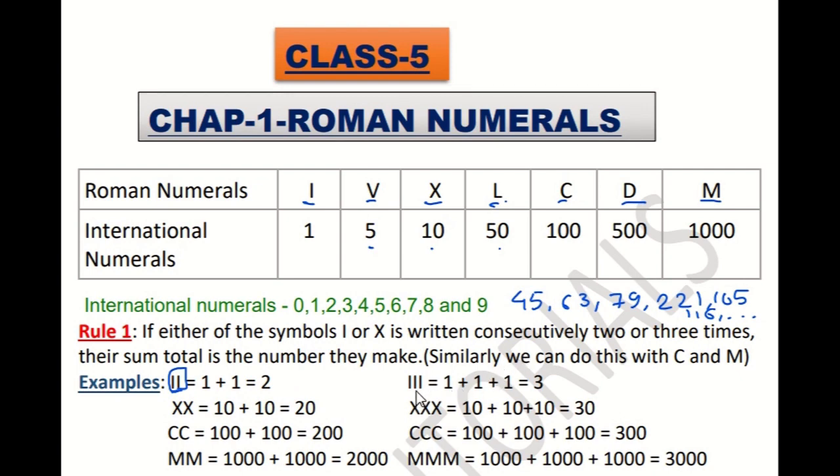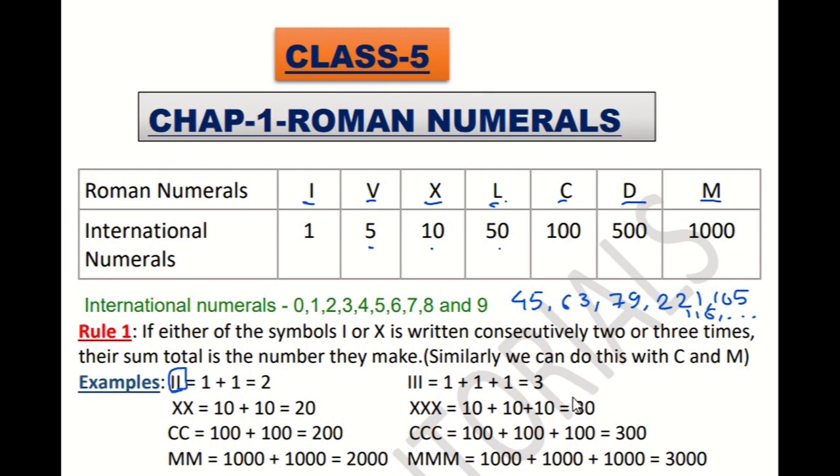Similarly, 3 times I means 1 plus 1 plus 1, which is equals to 3. Same goes with X, 2 times X, 1X stands for 10, so 10 plus 10 equals to 20. 3 times X means we'll add 10 3 times, that will give you 30. So value of triple X is 30.